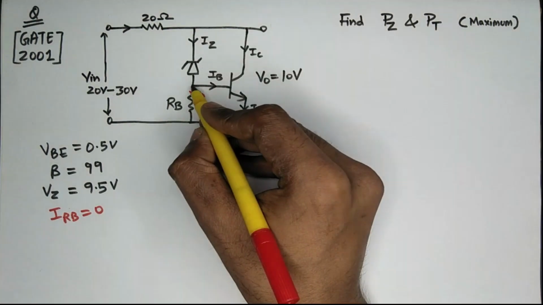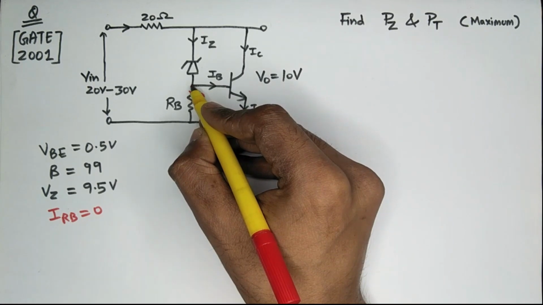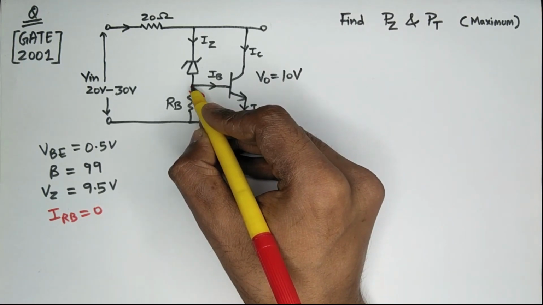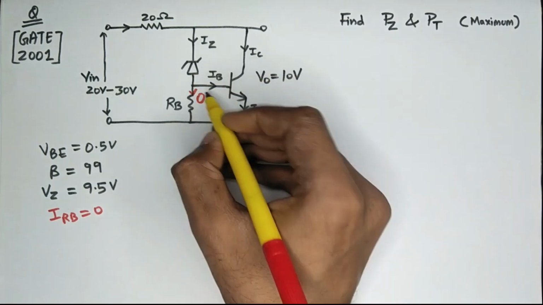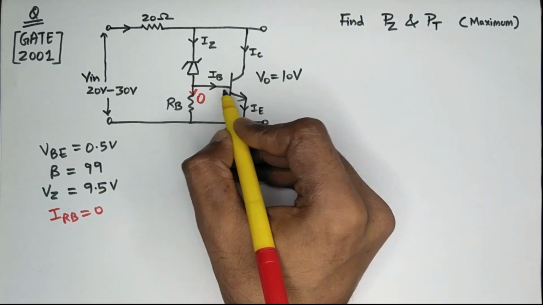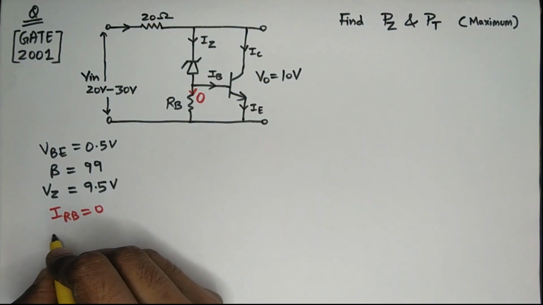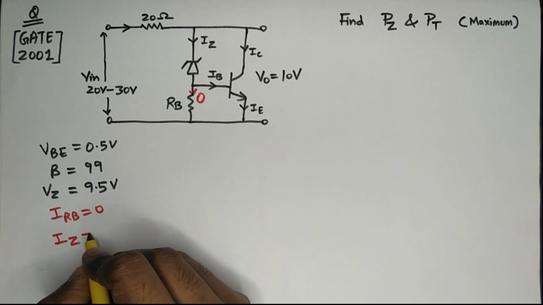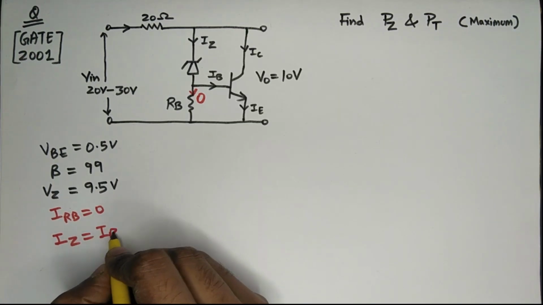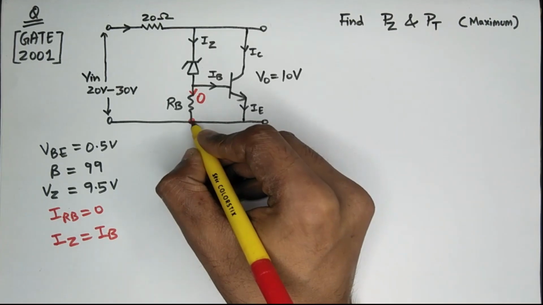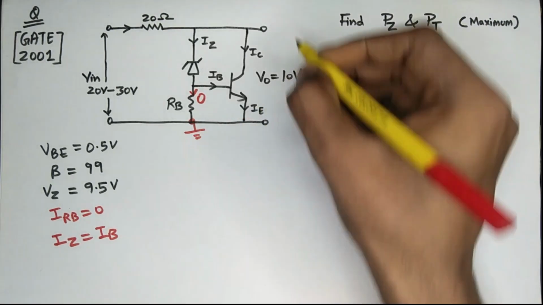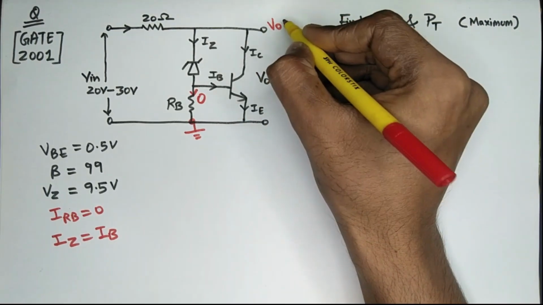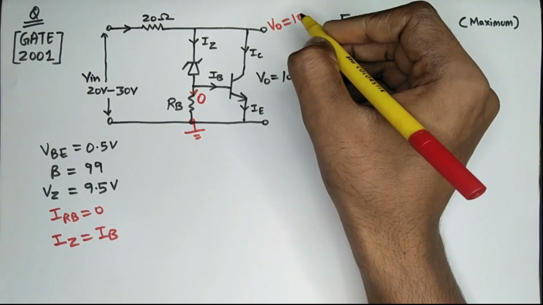If we apply KCL at the base terminal, we can clearly see that the current flowing through Zener diode is equal to the base current. Now consider this node as reference. We can write this node as V0, which is equal to 10 volt.